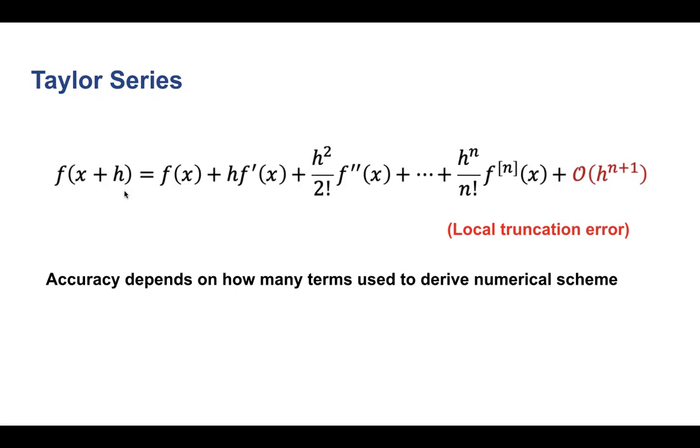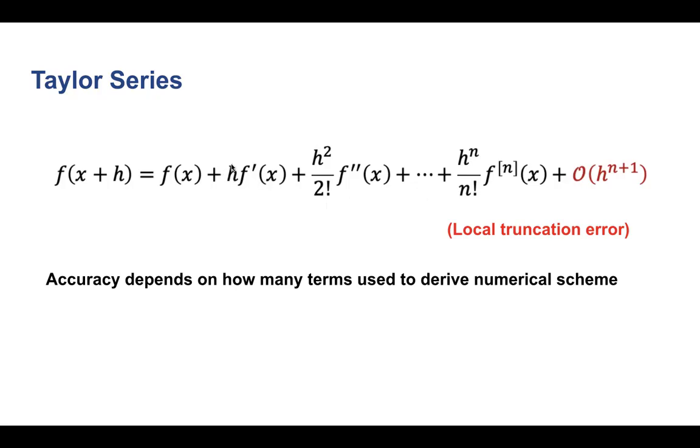And how does the Taylor series expansion come? That is f of x plus h, the step size, is f of x plus h times f dash of x, the first derivative of the function at the point x, plus h square by 2 factorial f double dash of x, that is the second derivative of the function. And so on, you can have higher order terms.